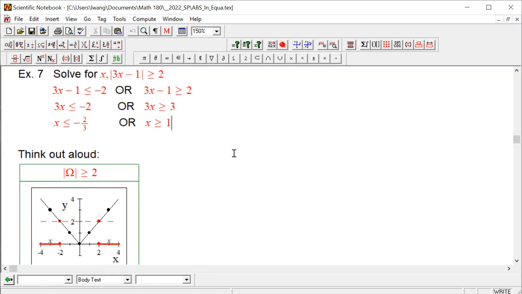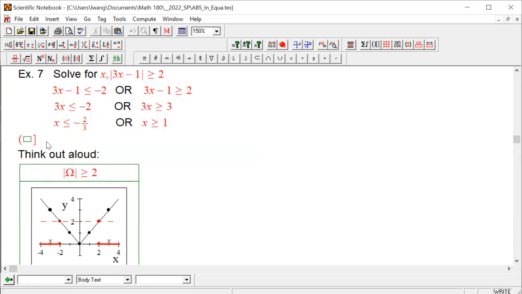And I typically would not ask you for interval solutions because I find it's good, but not terribly useful. As long as you know how to do it, I'm not going to spend more time there.